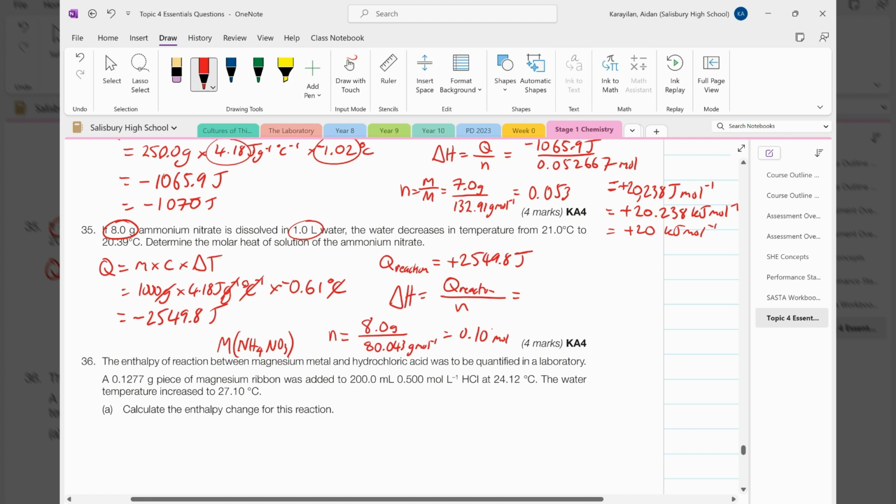Now, that means our Q of reaction is positive 2549.8 joules divided by 0.10 moles, which is the same as times by 10.